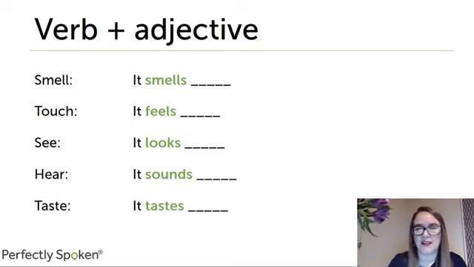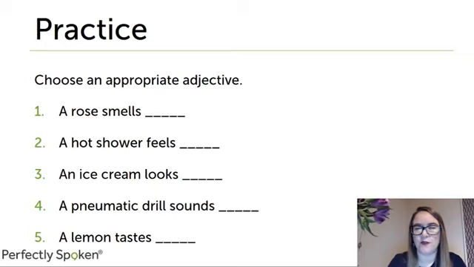So we're going to practice. Let's have a look at the next slide and see if you can complete the sentences with an appropriate adjective. So 5 sentences here. Number 1, a rose smells, a hot shower feels, an ice cream looks, a pneumatic drill sounds, and a lemon tastes.